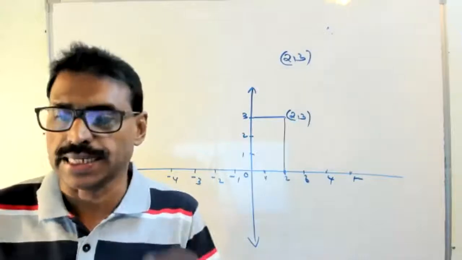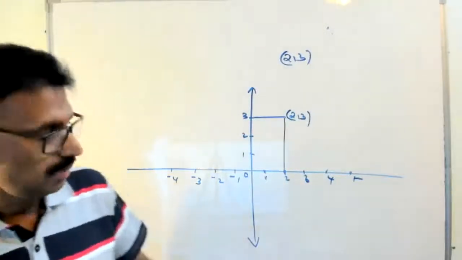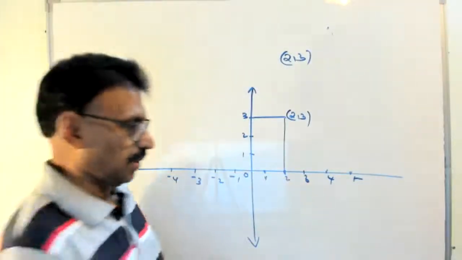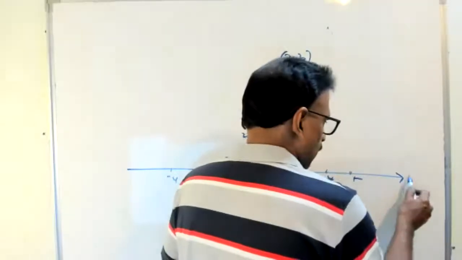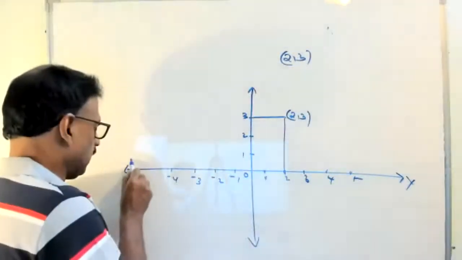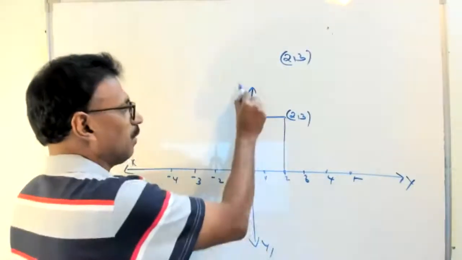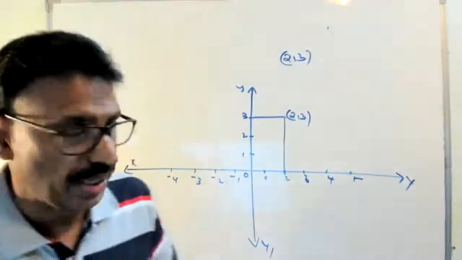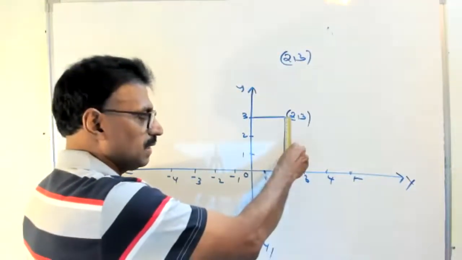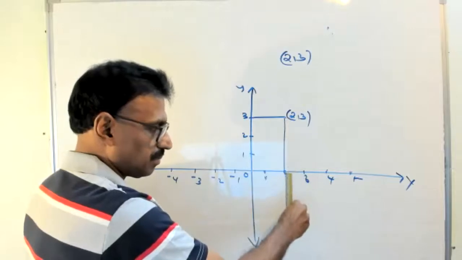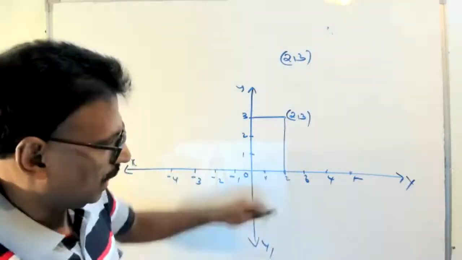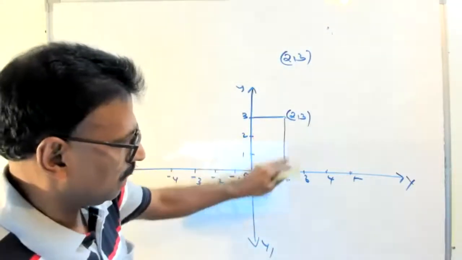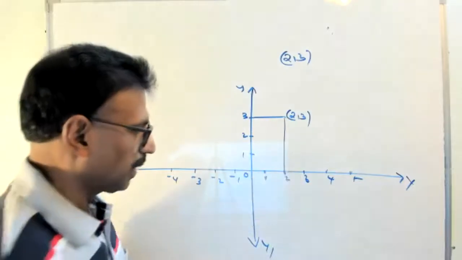With respect to the x-axis, how much distance is it coming down? Are you okay or not? From this distance, going down like this.